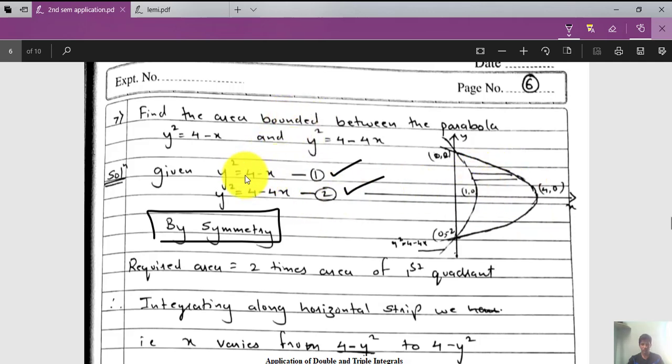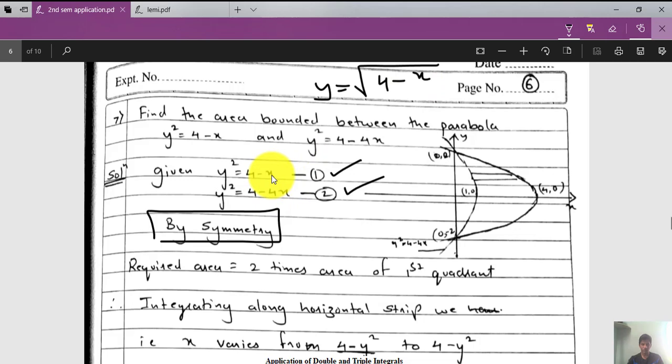Now plotting of the graph, see here, y square is equal to 4ax. First thing is you should draw a rough sketch, right? And then this is 4 minus x, right? So see here, if I take the value of x as 0, what will happen to the value of y for this particular thing?